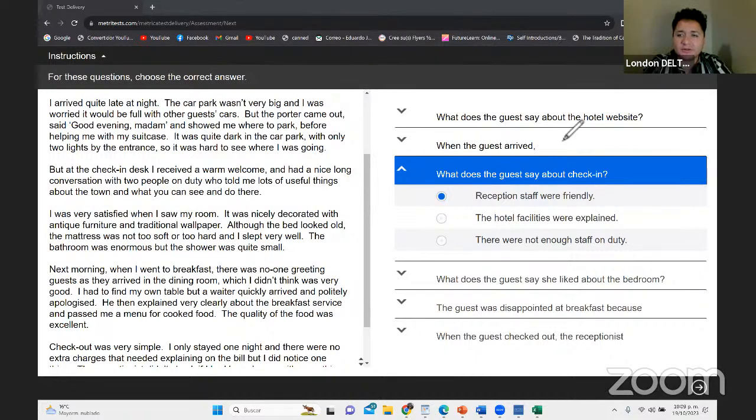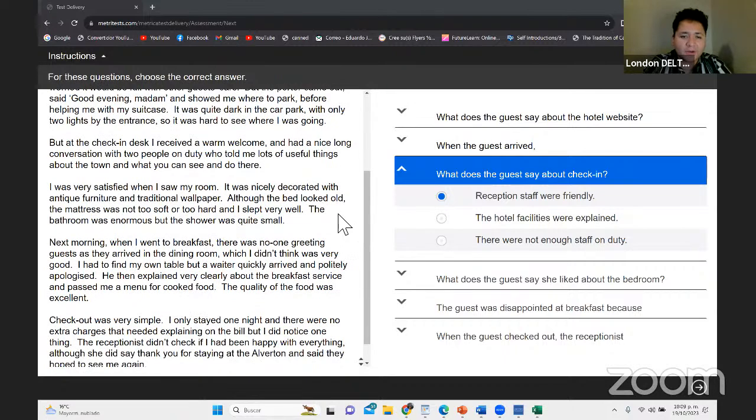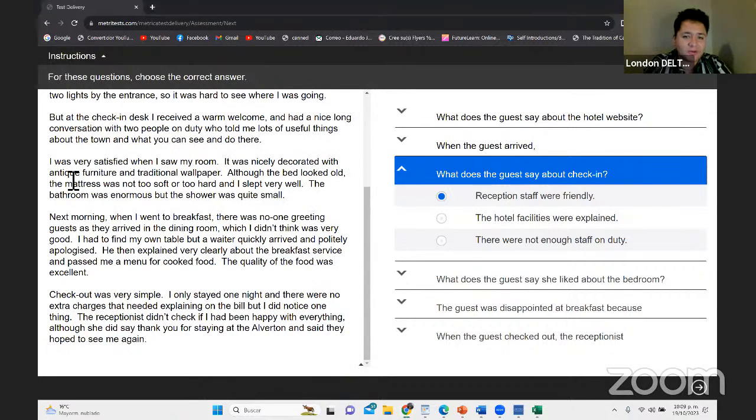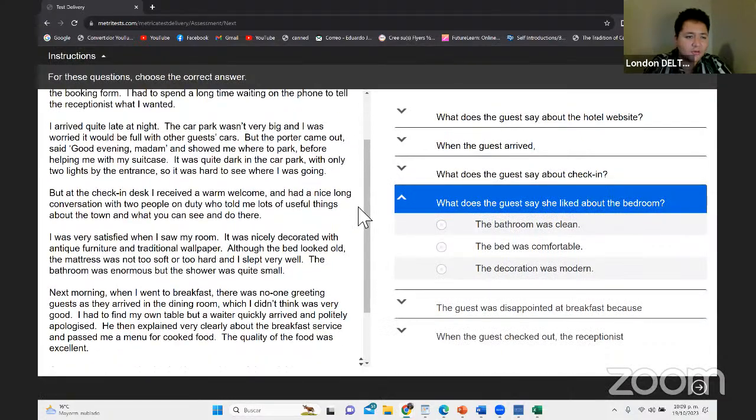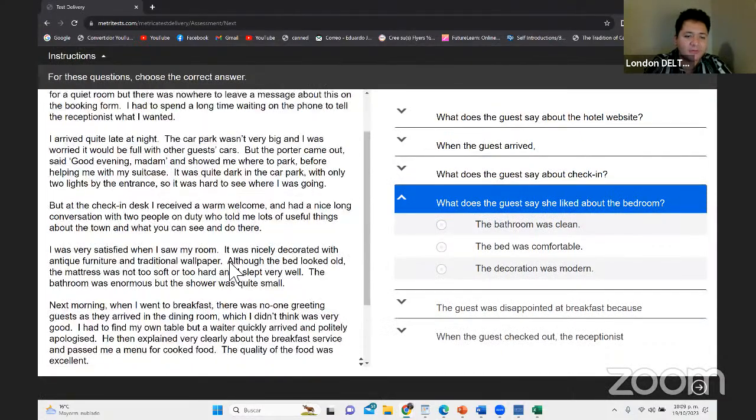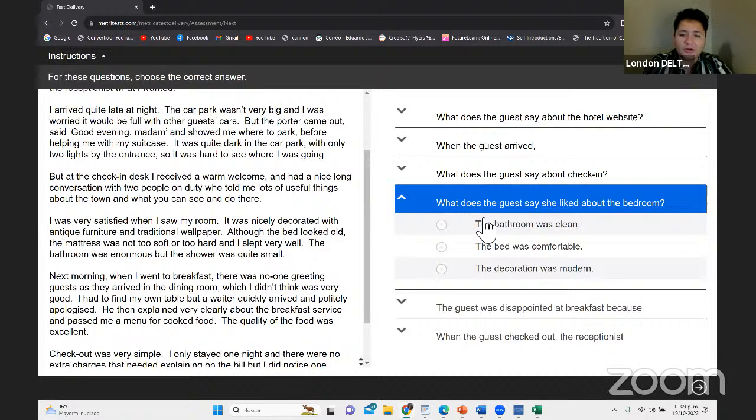Okay. Let's see now. Okay, the next one. So question 4, paragraph 4. What does the guest say she liked about the bedroom? So the keyword is bedroom.